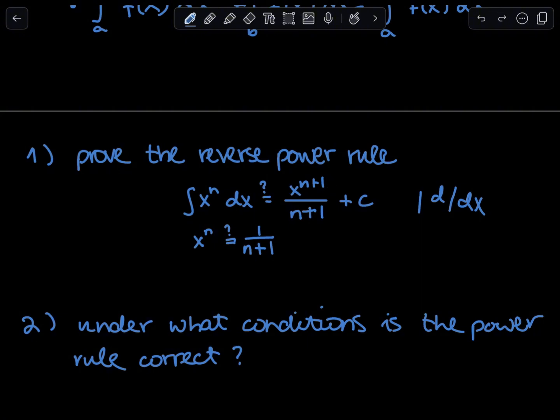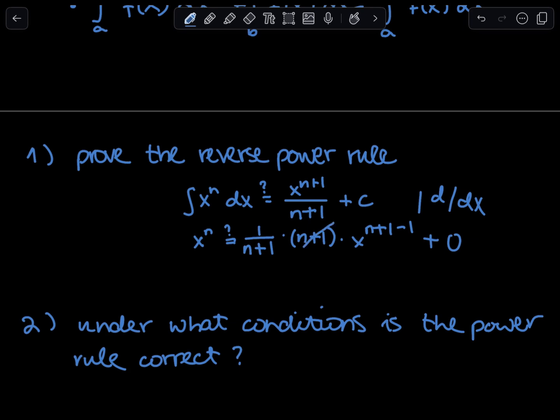That's just x to a power, so we can just use the power rule. We multiply by the exponent n plus 1, and then we have x to the power of n plus 1, and then subtract 1 since we're differentiating. And then the constant differentiates to just 0. Right, the derivative of a constant is 0.